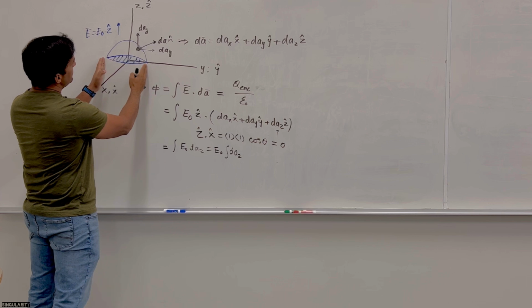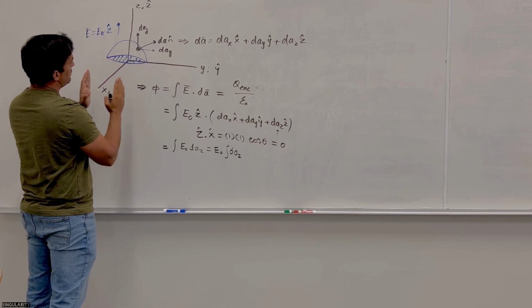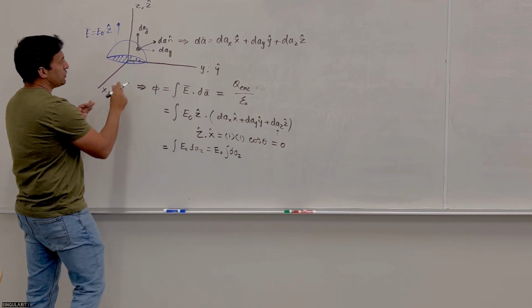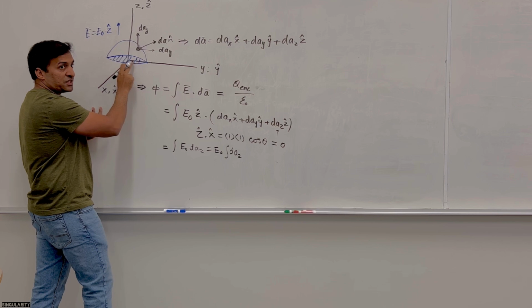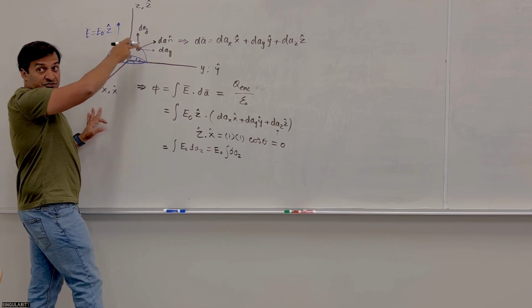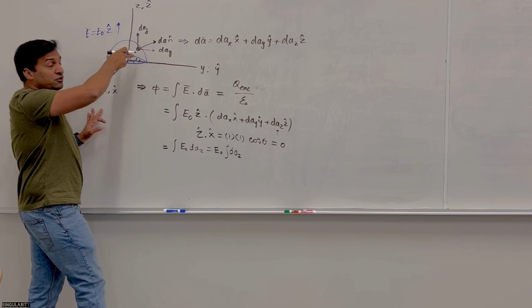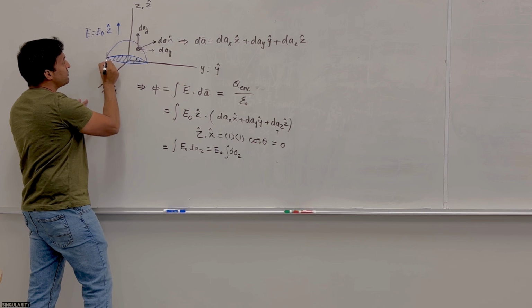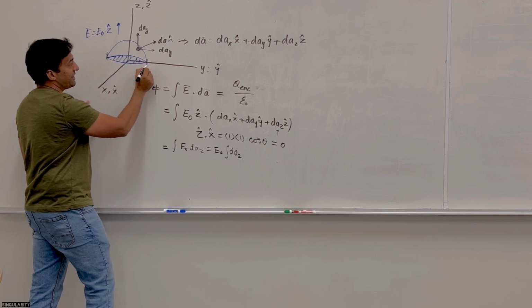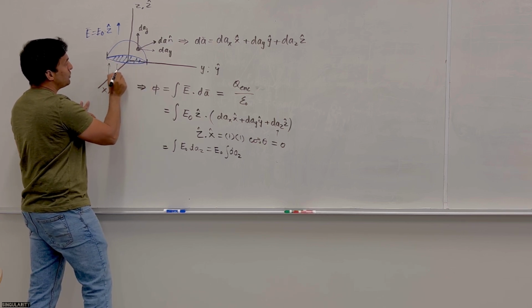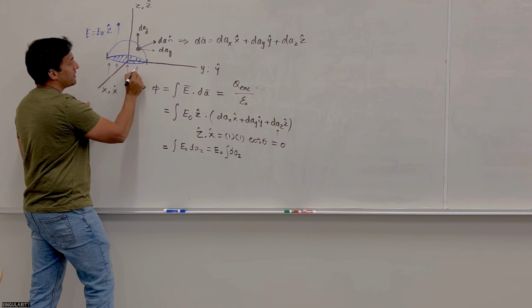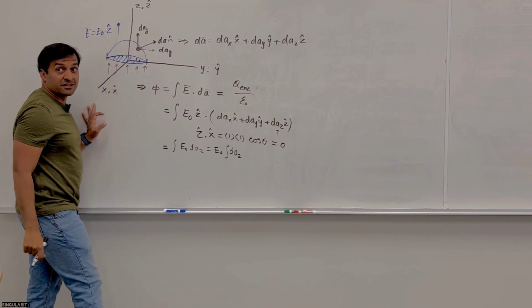Now you look at this diagram and tell me what is the total area through which the electric field is passing. We are not considering the bottom surface; we are just considering this hemispherical bowl. But if you look at this, it starts at this point and ends at this point. So the electric field is going through this bottom region.